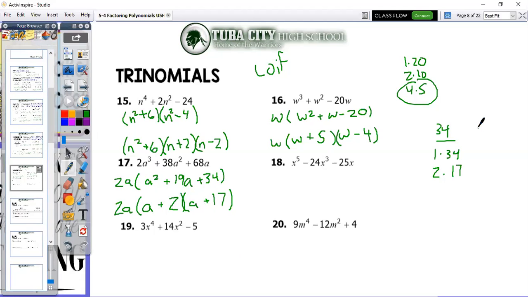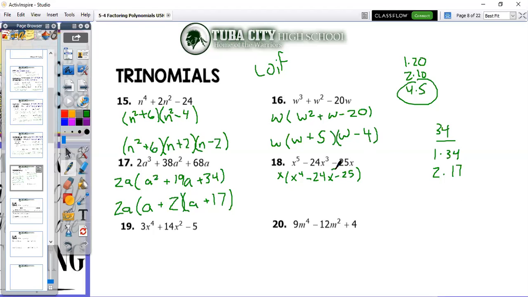Okay, here we have, it looks like all of them have x. So let's go ahead and take an x out as our first step. So there we go.